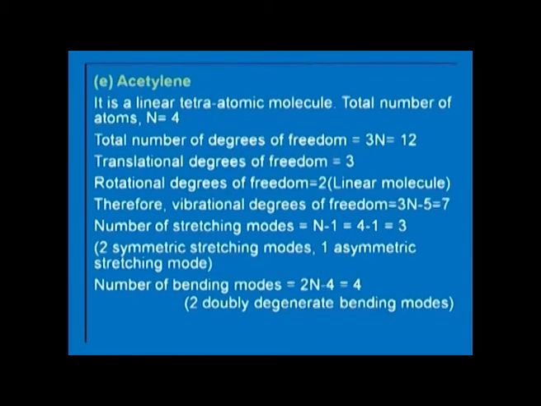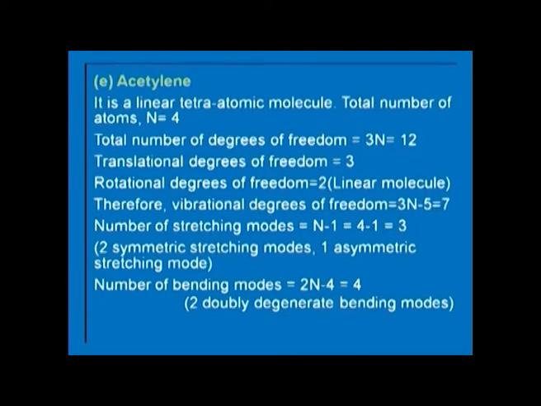Now let us look at the acetylene molecule. It is a linear tetraatomic molecule with total number of atoms N equals 4. Total number of degrees of freedom will be 3N, which is 12. Translational degrees of freedom will be 3. Rotational degrees of freedom will be 2 because again it's a linear molecule, and therefore the vibrational degrees of freedom will be 3N minus 5, which comes out to be 7.